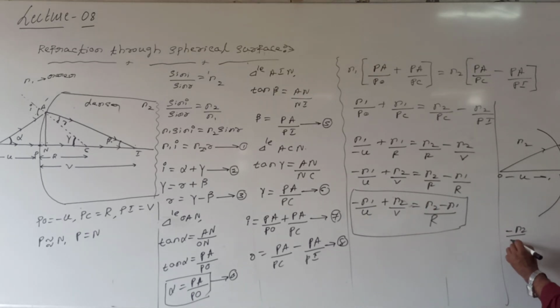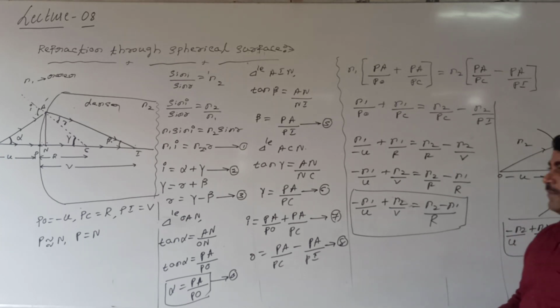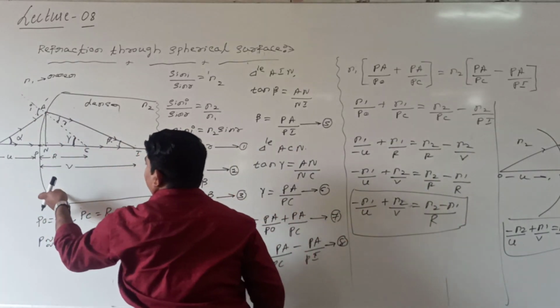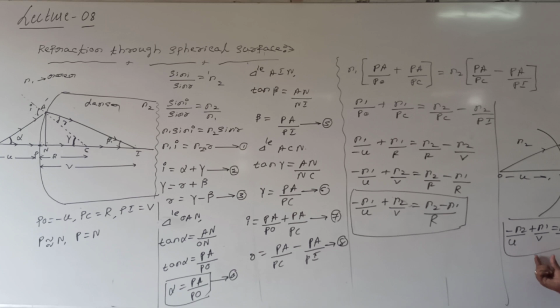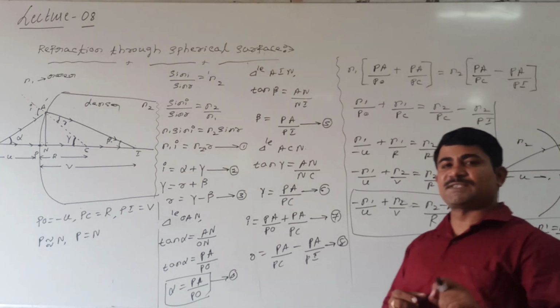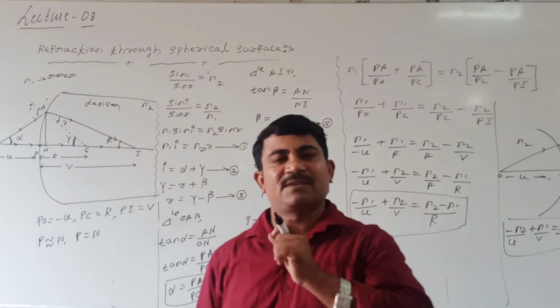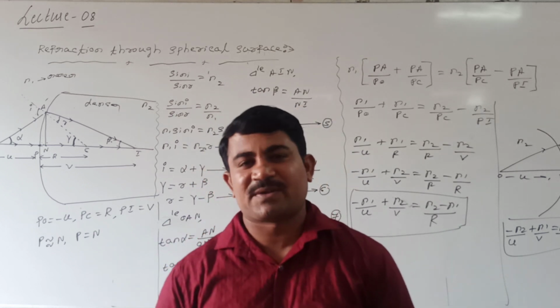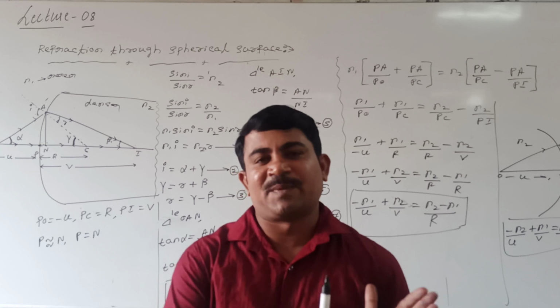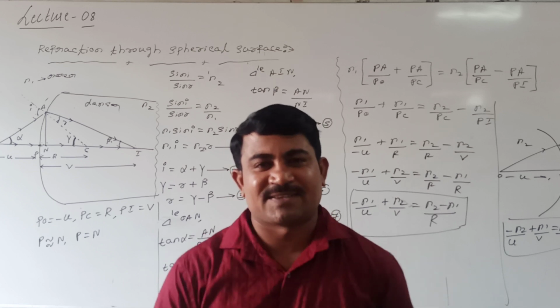That gives n2 divided by u plus n1 divided by v is equal to n1 minus n2 divided by r. This is the relation I can use for the concave surface, and the earlier one for the convex surface. So this is refraction through convex and concave spherical refracting surfaces. The remaining session on spherical refracting surfaces we will see in the next session. Thank you guys.